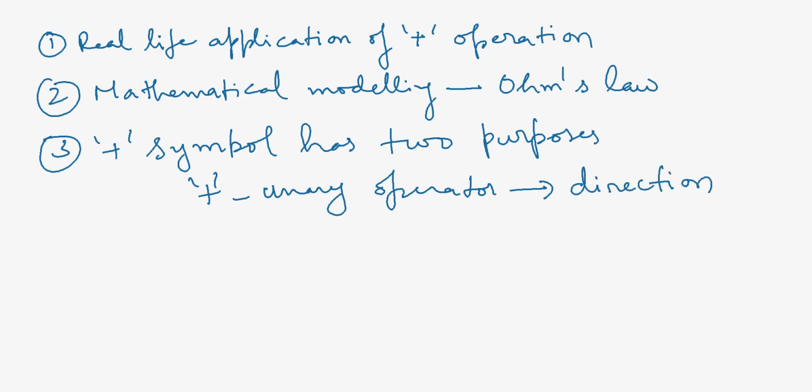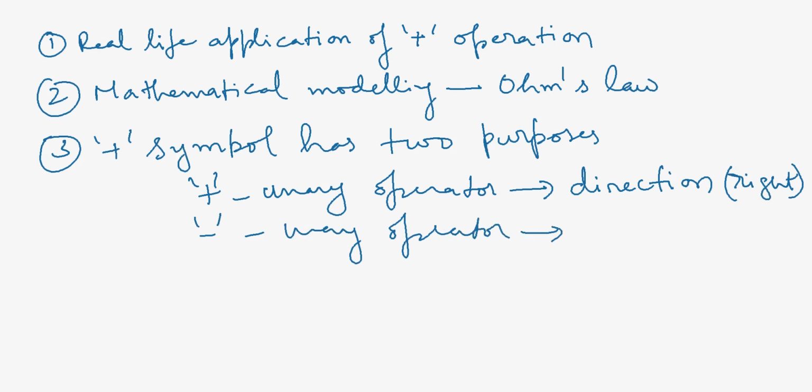It is not an opposite operation; it is a direction. If one direction, say the right, is positive, we use the plus symbol, and then automatically the minus symbol is used for the opposite direction. The minus is our other unary operator, and the left side is that direction.